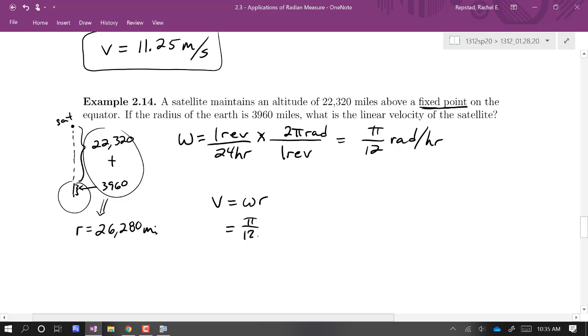So now we know what to plug in for both of these. Pi over 12 radians per hour, times 26,280 miles. And now we'll throw this in the calculator.